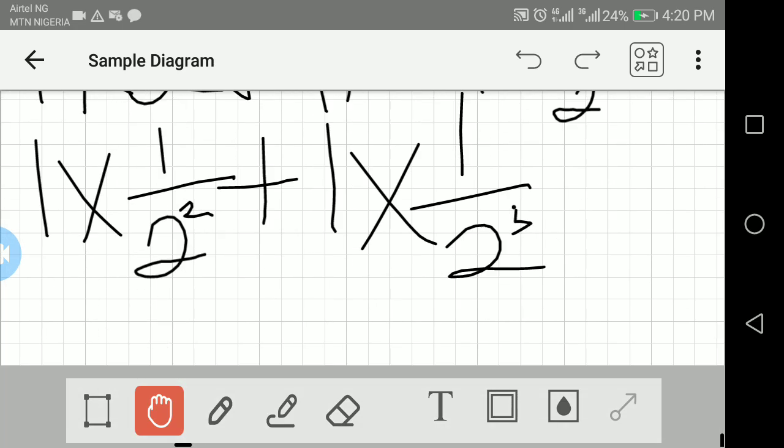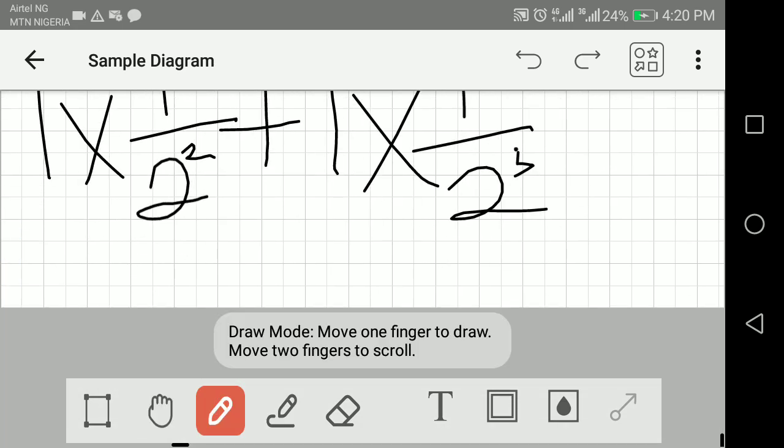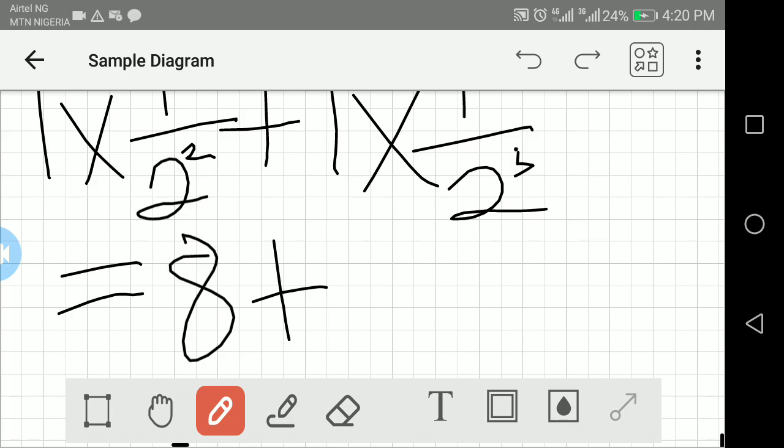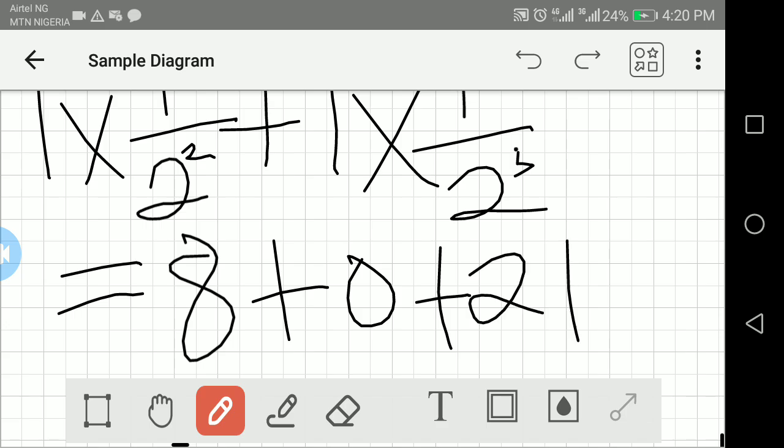So 1 times 8 is equal to what? Is equal to 8 plus 1 times 0 times 4 is 0, plus 1 times 2 is 2, plus 1 times 1 is 1, plus 1 times 1 over 2 to the power of 1 is still 1 over 2.